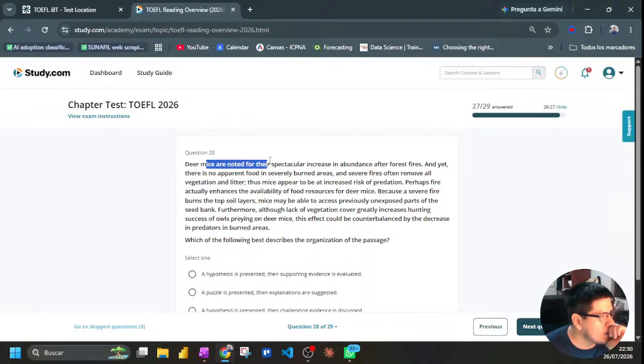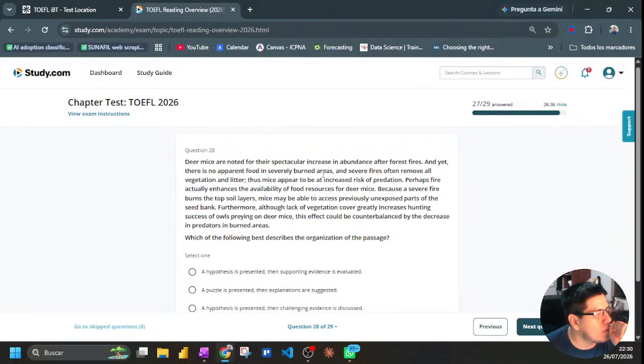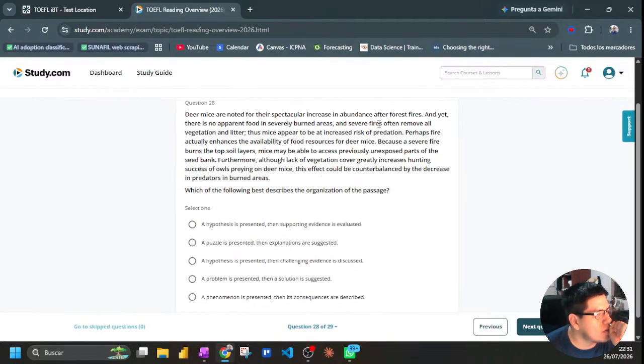Deer mice are noted for a spectacular increase, and yet there is no apparent food in several burned areas, and severe fires often remove all the vegetation and litter. Those mice appear to be at increased risk of predation.